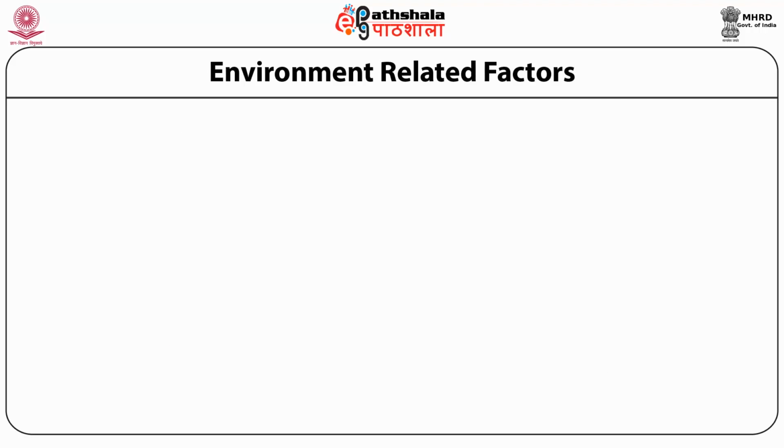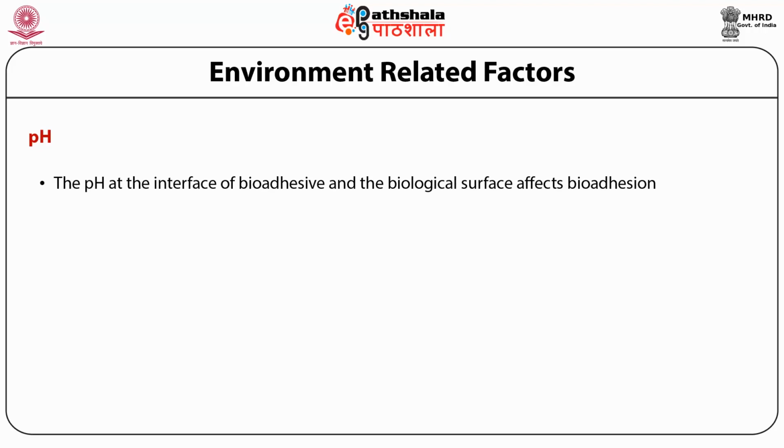The next set of factors which would influence the mucoadhesion of any drug delivery system are the environmental related factors. Amongst them, the primary one is the pH. The pH at the interface of the bioadhesive and the biological surface affects the bioadhesion or mucoadhesion, especially in the case of bioadhesive systems or polymers with ionizable groups.